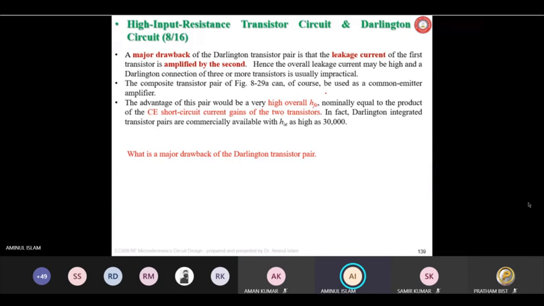The advantage of this pair would be very high overall HFE, nominally equal to the product of the short circuit current gains of the two transistors. AI1 equals AI2, so we can understand from there. In fact, Darlington integrated pairs are available commercially with HFE as high as 30,000.